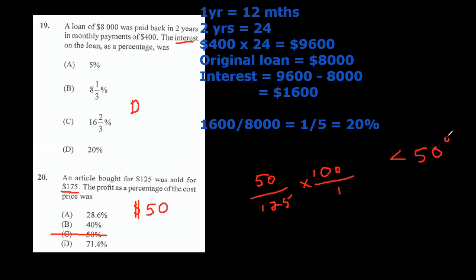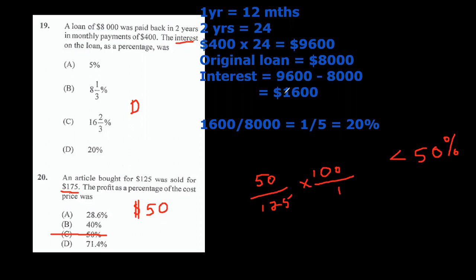You'll understand that? Put a 1 in chat if you understand where I'm going with this. Hey Ayoma, no worries. So how do I know it was 50%? Half of 125 is $62.5, right?